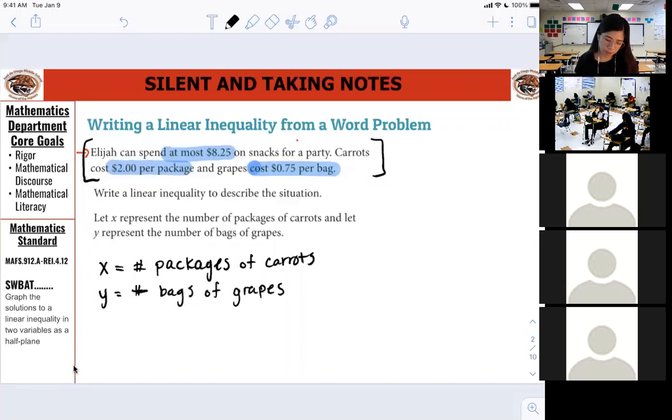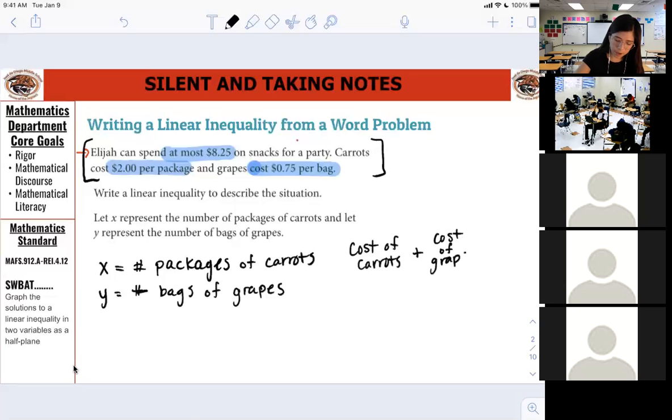Now, I also know that carrots are $2 per package and grapes are 75 cents per bag. So when he checks out, it's going to be the cost of carrots plus the cost of grapes. And all of that has to be within his budget.